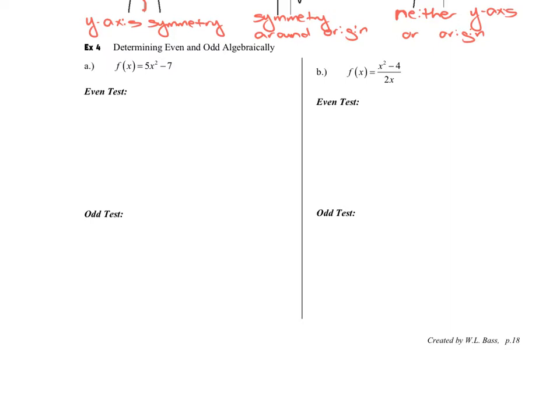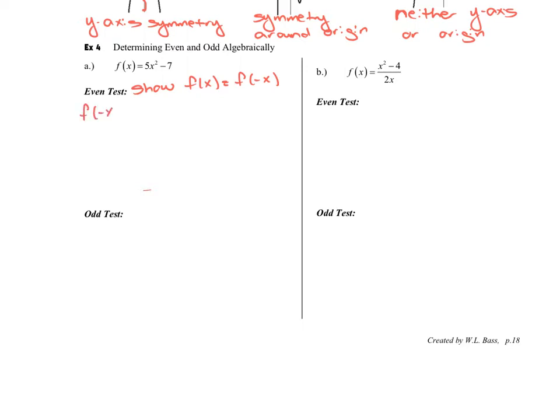For an even test, what we need to do is show that f of x, this original function, is actually equal to f of negative x. We already know the f of x function, that's the one we're given, so we don't need to rewrite it if we don't want. But we do need to figure out what f of negative x is. So we're going to follow our steps here.